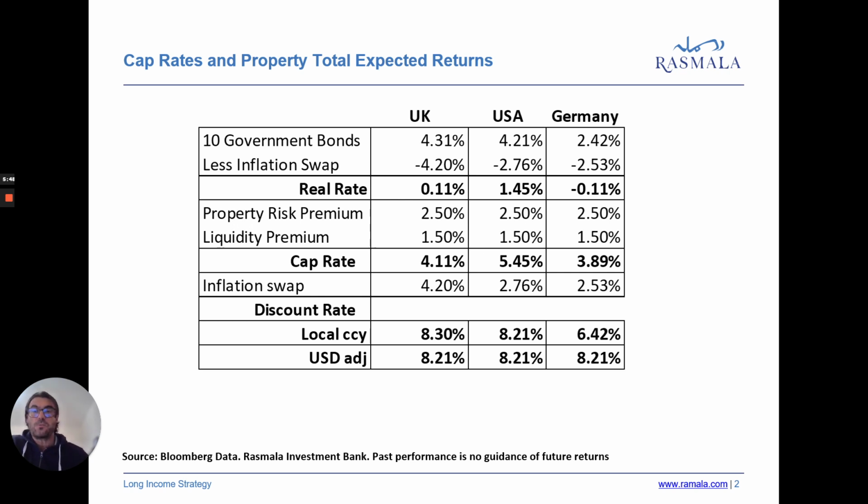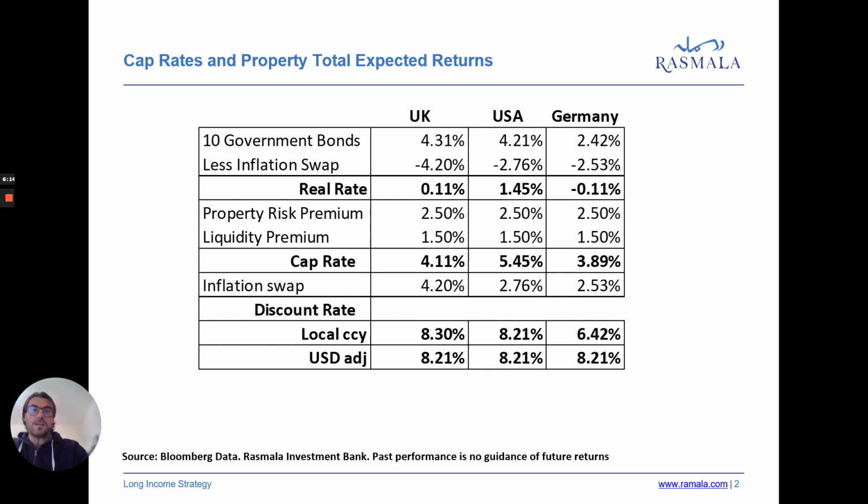Just think about what happened in the great financial crisis, where the debt markets froze and it became very difficult to sell properties and to finance those properties. So these are the real sources of risk for real estate.